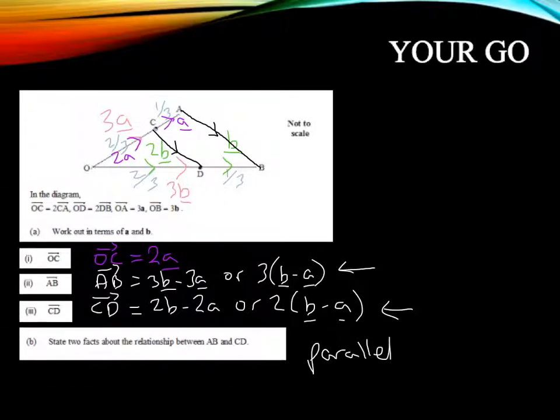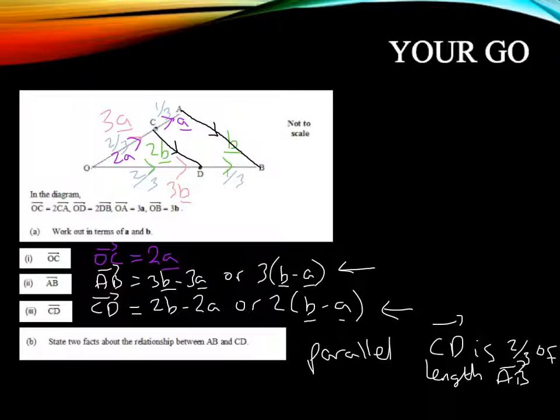Another fact is that CD is, let's have a look, well, it's 2/3 of AB, 2/3 of the length of AB.